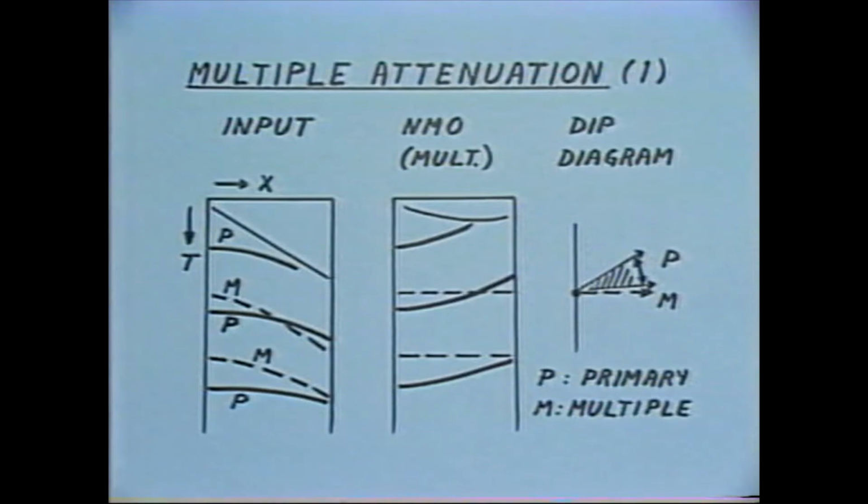The next process is multiple attenuation. And this is really a special adaptation of velocity filtering to be used for the attenuation of multiple reflections.